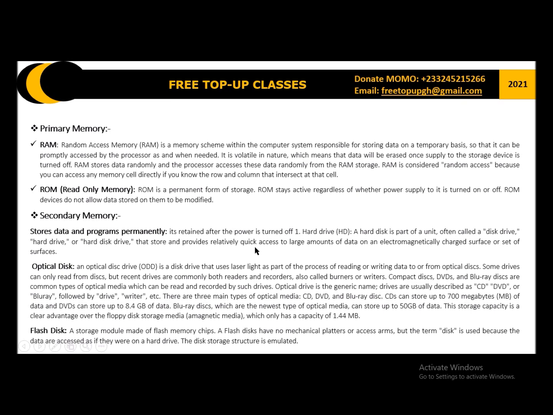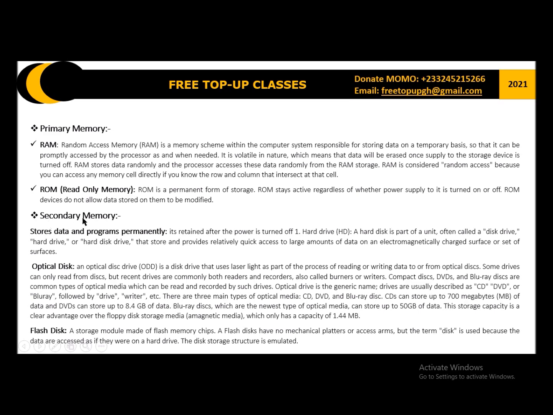Before we go to the next slide, let us look at what we've talked about so far. We have primary memory, and under primary memory we have the RAM and the ROM. RAM is random access memory, and ROM is read-only memory, right?